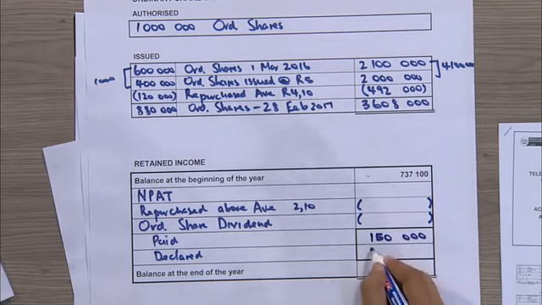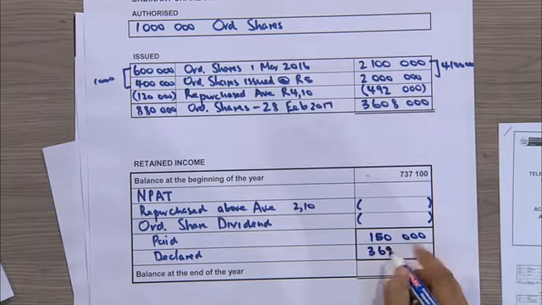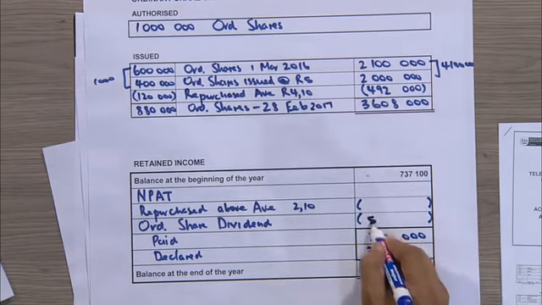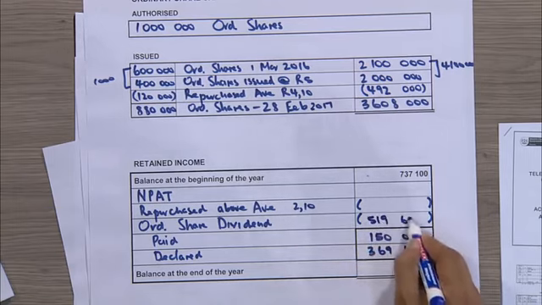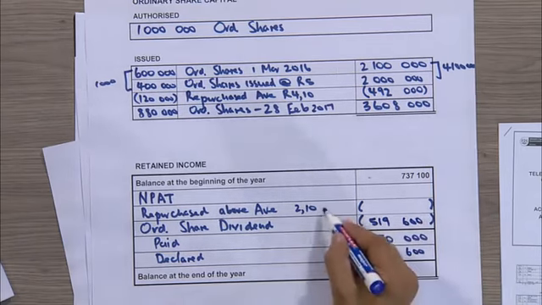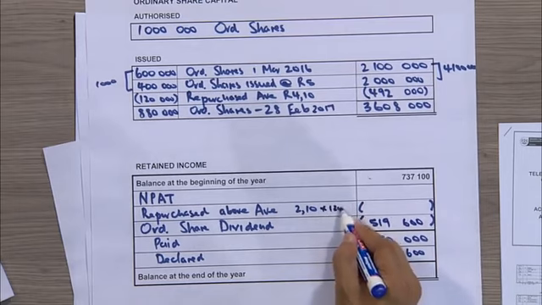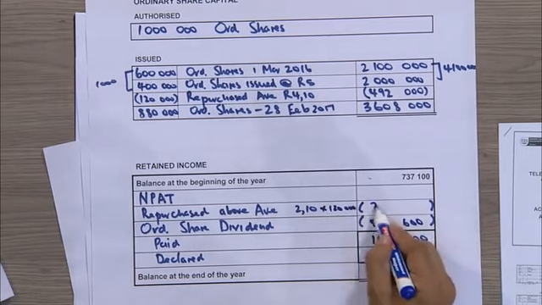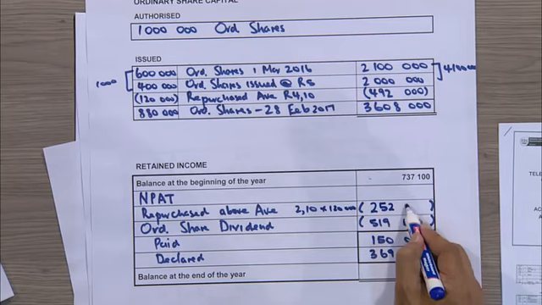The second dividend was 369,600. And that total dividend came to 519,600. The repurchase was obviously times 120,000. That comes to 252,000.